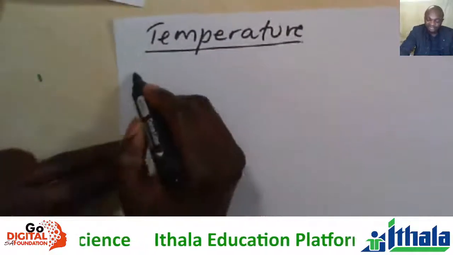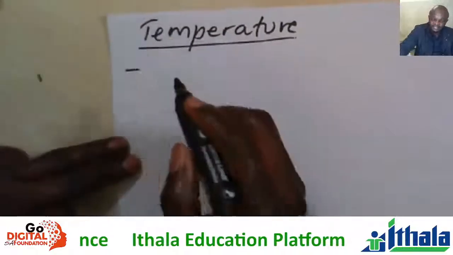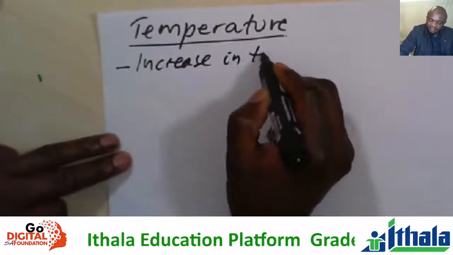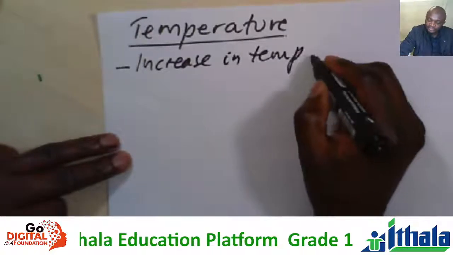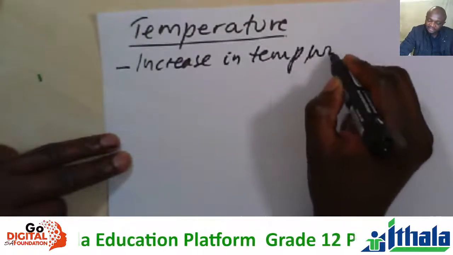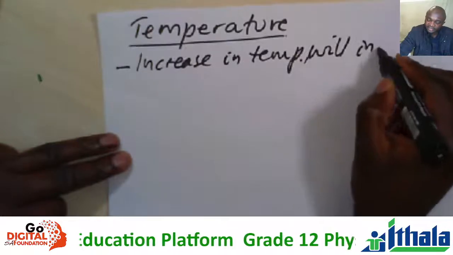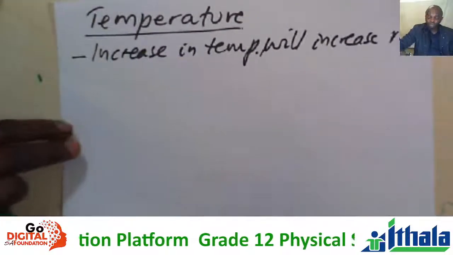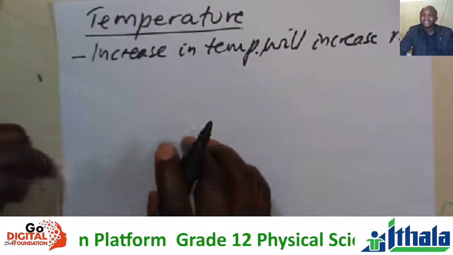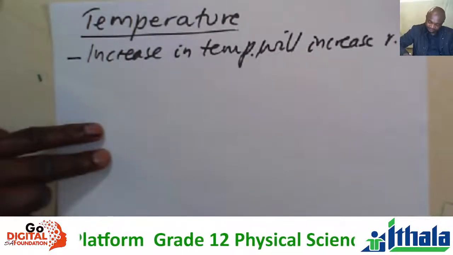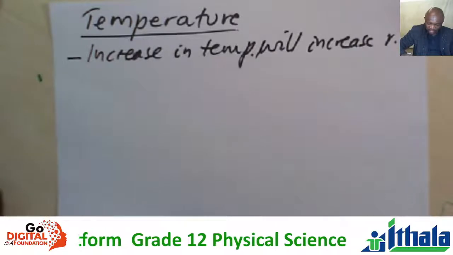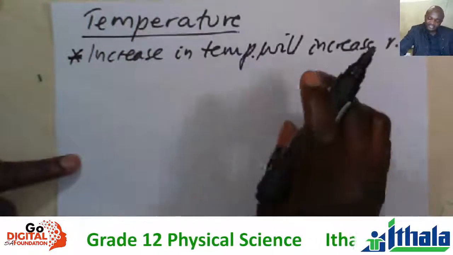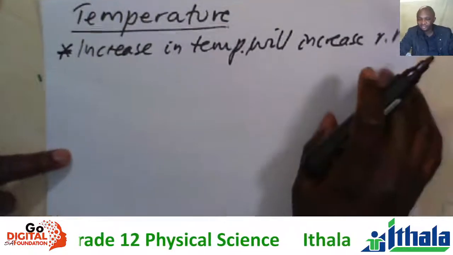So when I talk about temperature I will say that an increase in temperature will increase the reaction rate. So even when you are asked to explain about concentration you will say the same thing. So bullet 1 is: an increase in temperature will increase the rate of reaction.